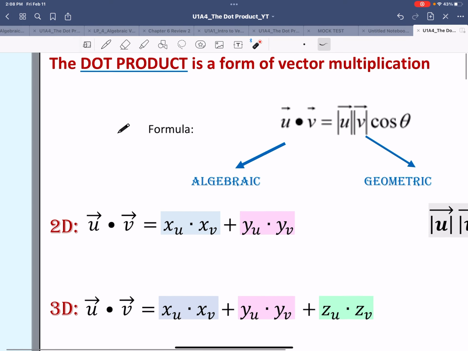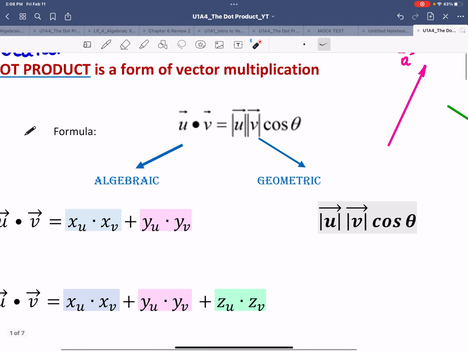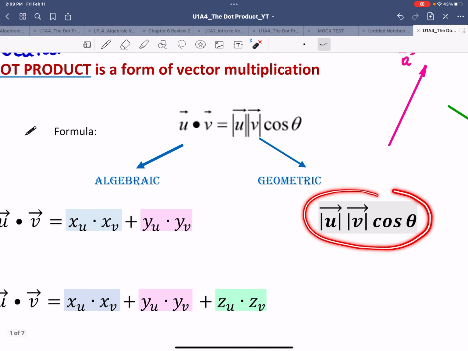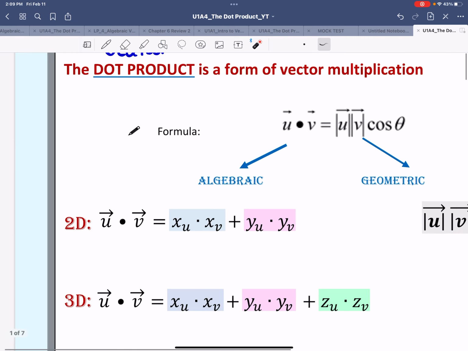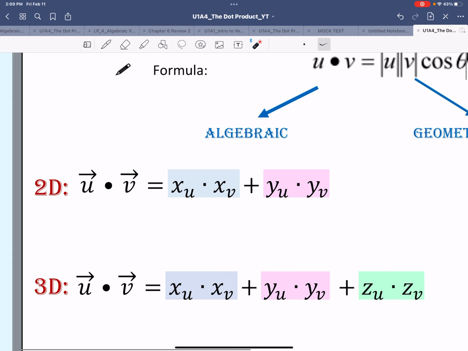Now, it is very straightforward how we find the dot product of vectors in geometric form, or geometric vectors for short. And now we'll take a look at how to multiply two algebraic vectors.